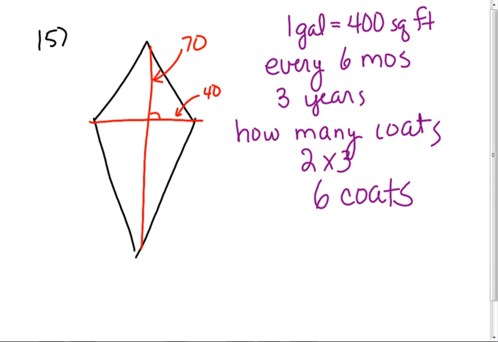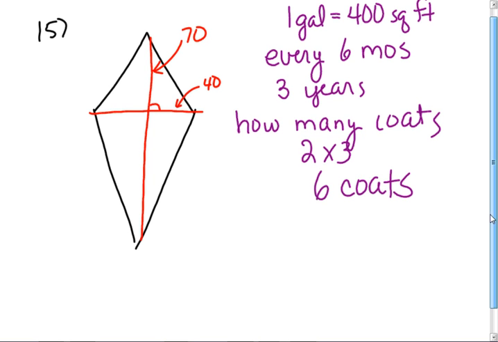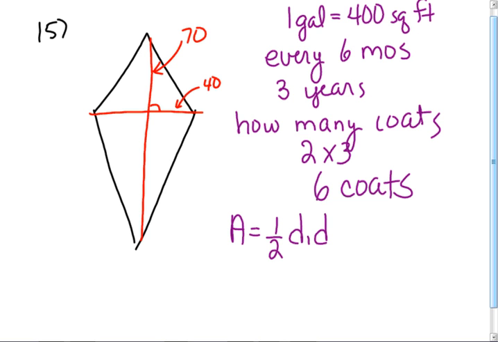Okay, and I don't like the way I even did it, so I'm going to redo the whole problem anyway. And anyway, it says 1 gallon covers 400 square feet. So guess what I have to do? I have to find how many square feet there are. And you always have to buy whole gallons. If you have 500 square feet, you're still going to have to buy 2 gallons. Okay, so my area, because it's a kite, is 1/2 the product of the diagonals.